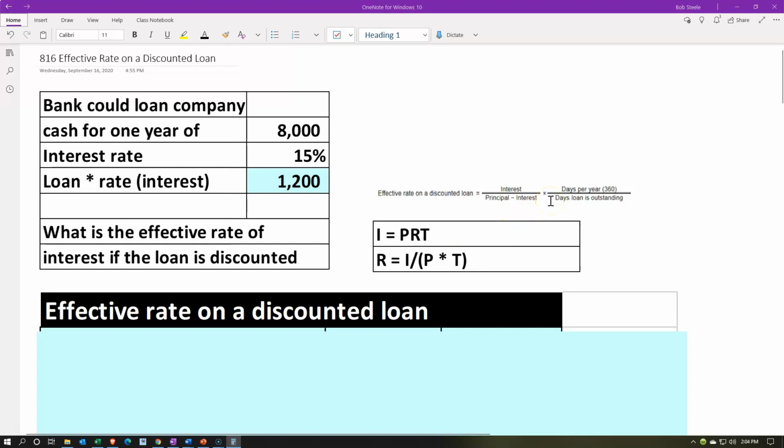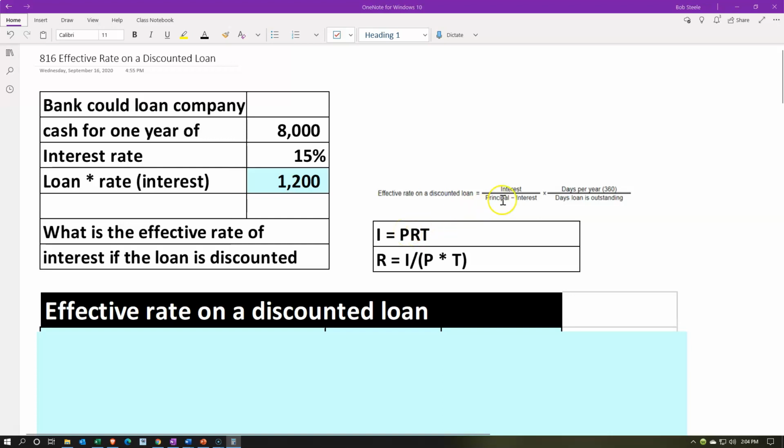So the new thing here, the thing that's a little bit different, is that this P term is not really the loan amount that they would call the loan amount. It's not really 8,000, because that's not how much you're getting. The principal, the amount we actually get, is the 8,000 minus the 1,200, or the 6,800. So we basically replace P with that when we do our calculation.